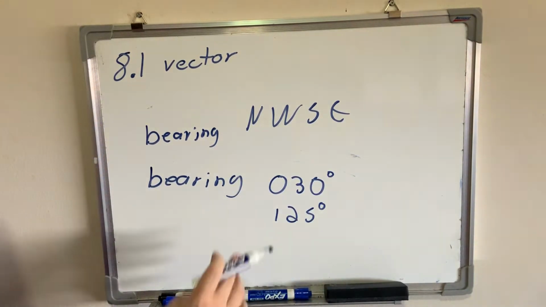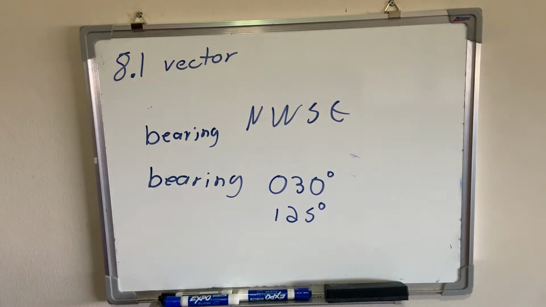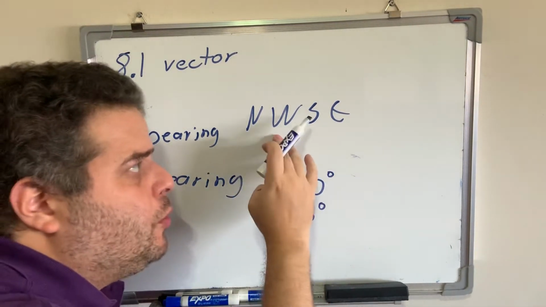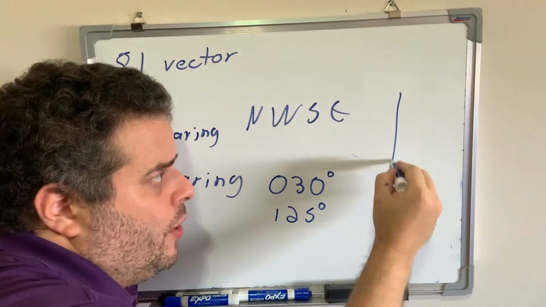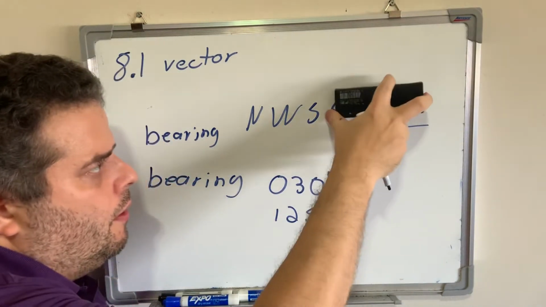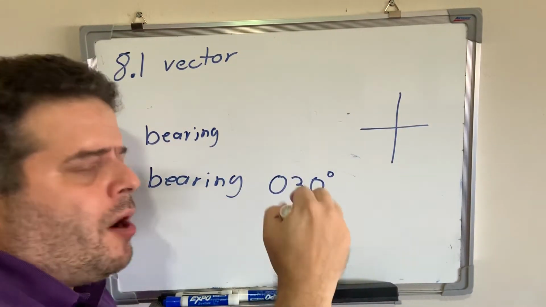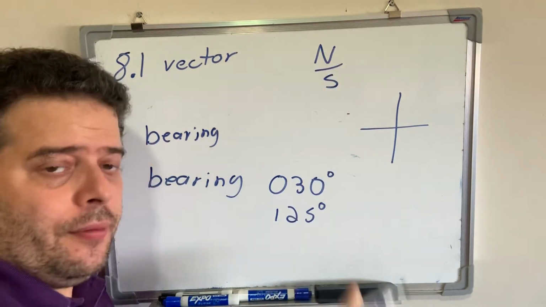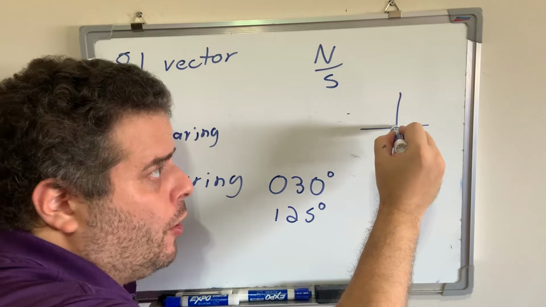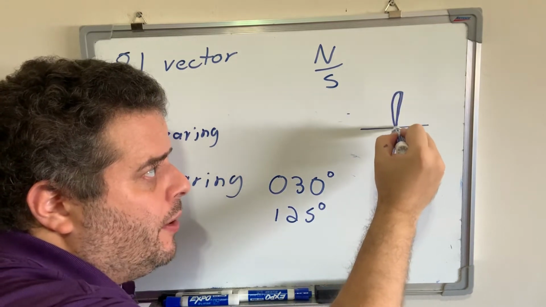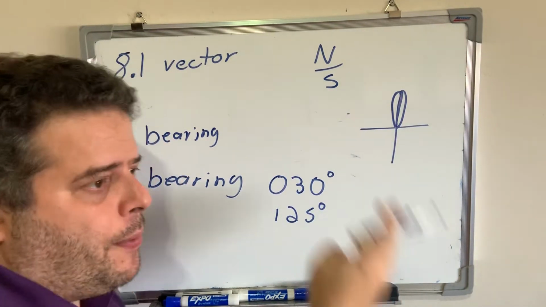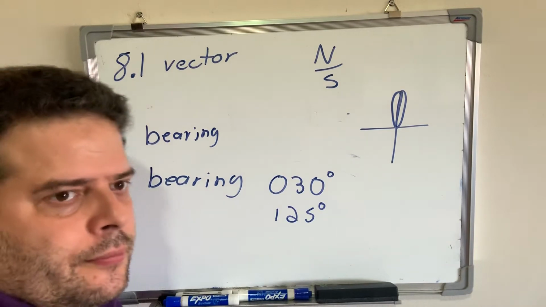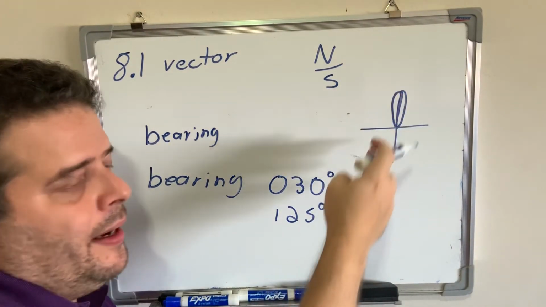3 digits. And I'll tell you why I wrote this one down. Now, when you're given an actual direction, the way this works is you're always going to include north or south. If I'm told north, I'm going to use this particular line.